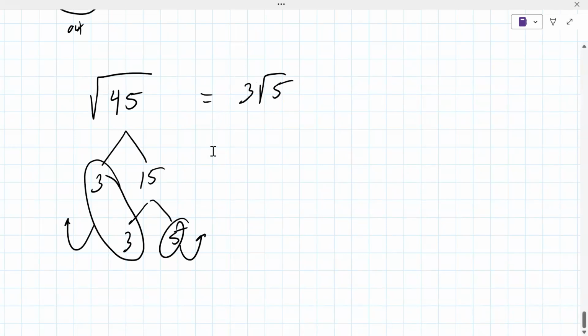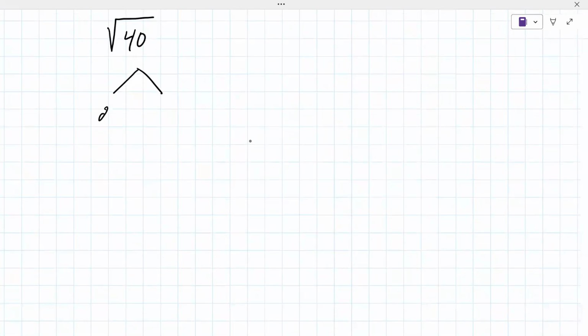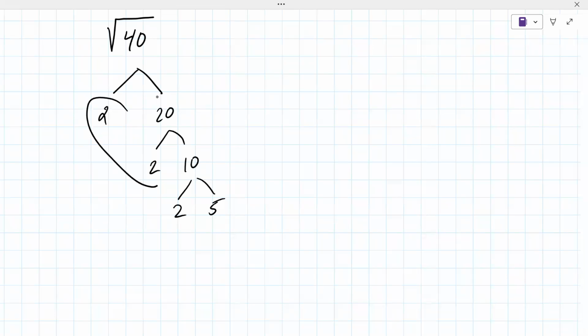Let's try another one. Square root of 40. Does 2 go into 40? Yes, because it's even. So 2 times 20, 2 times 10, and 2 times 5. Now, you circle pairs. This time you've got 3 2s, but you can only bring out if there's a pair.